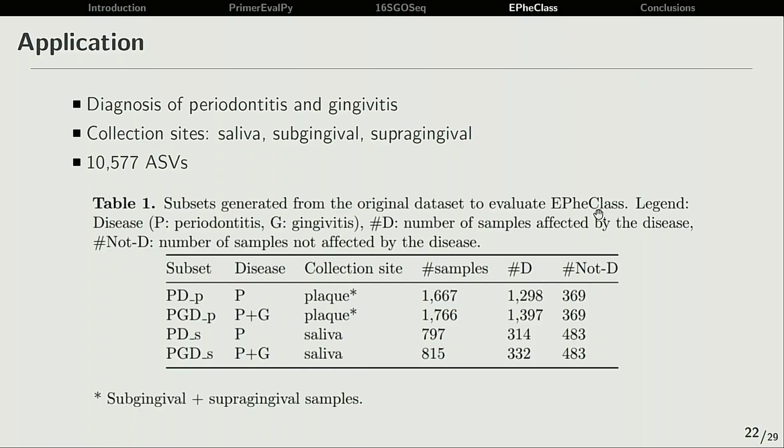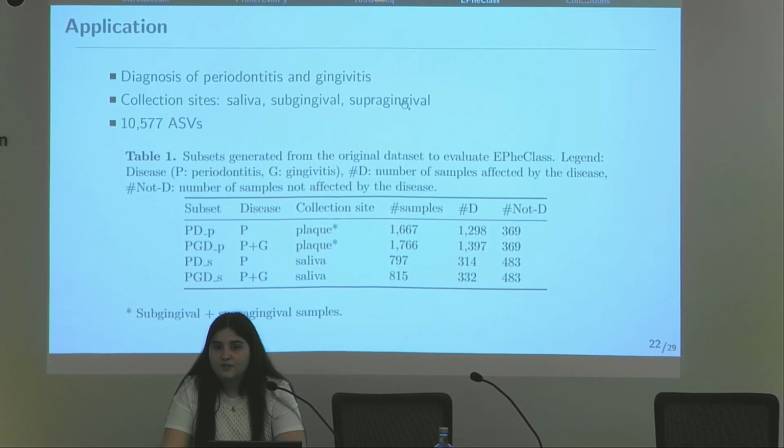I will briefly comment on the application of this pipeline, which we use to diagnose periodontitis and gingivitis. We used a dataset containing samples from 3 collection sites: saliva, the subgingival site, and the supragingival site. We decided to group samples from both subgingival and supragingival sites because they both are located in the plaque.